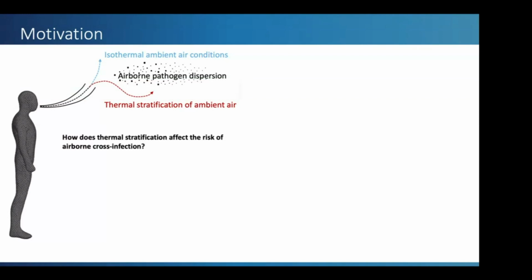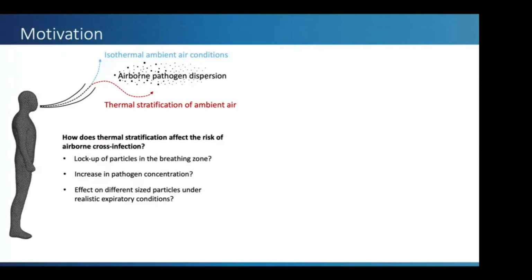What we want to know is, how does thermal stratification affect the risk of airborne cross-infection? In particular, we have some questions that we want to answer. Which particles will be locked up in the breathing zone, and which temperature gradient do we need for that to happen?